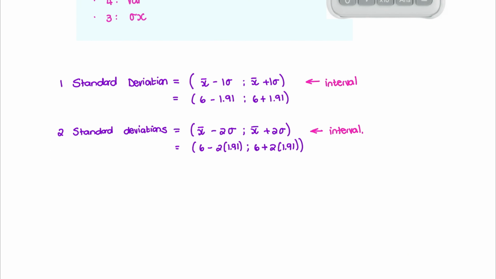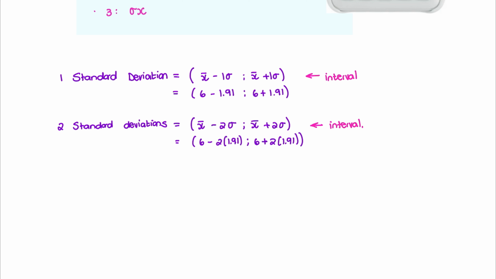Sometimes your question says, find the data points within 2 standard deviations. So again, standard deviation is compared to the mean. Instead of subtracting or adding this 1.91, for 2 standard deviations you'll multiply that 1.91 by 2 in both cases, both for the lower limit and for the upper limit.